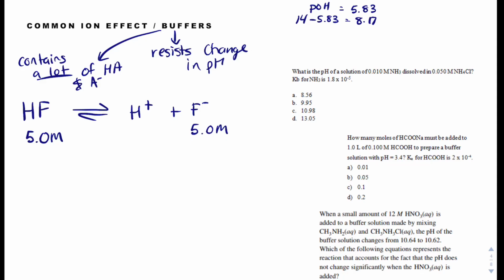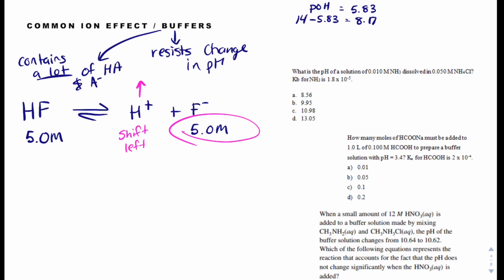If I add some acid, H plus increases, so I'm going to shift left. Well, in order to go left, I've got to have some fluoride around.